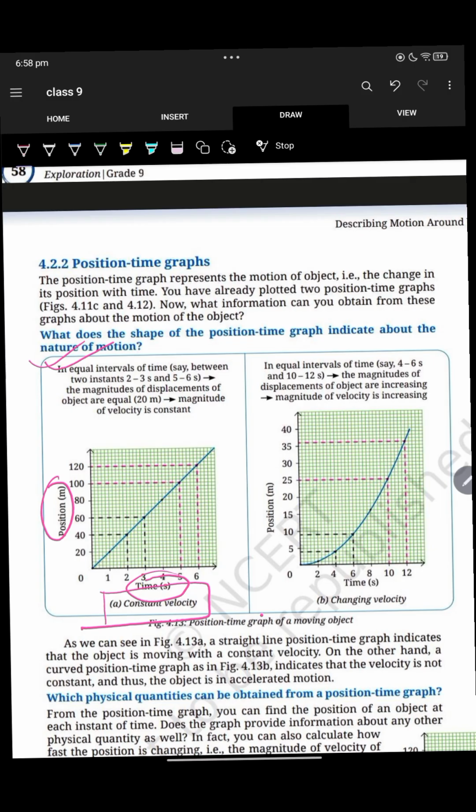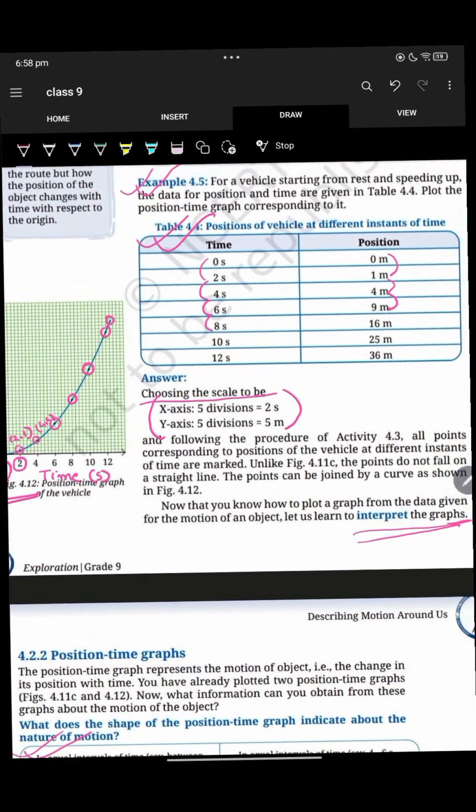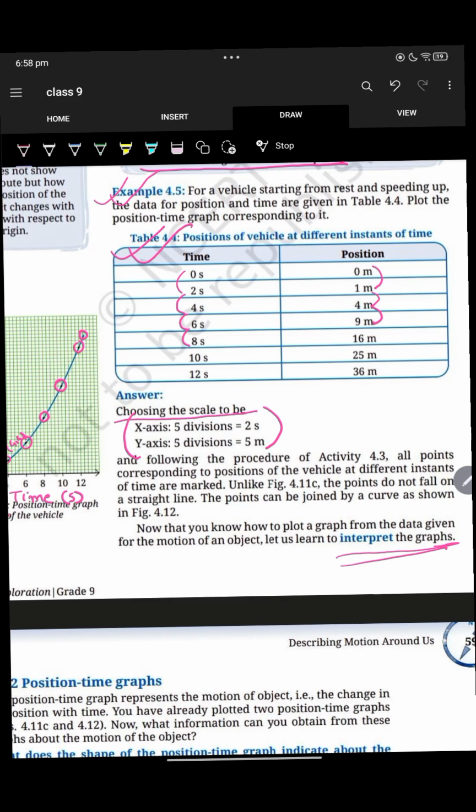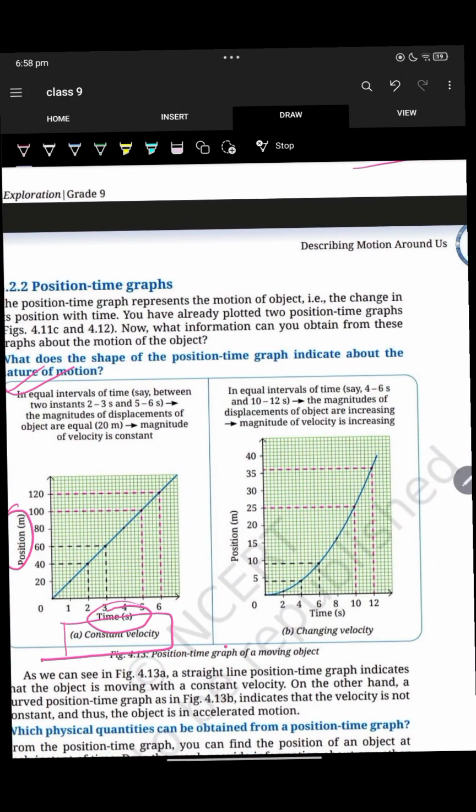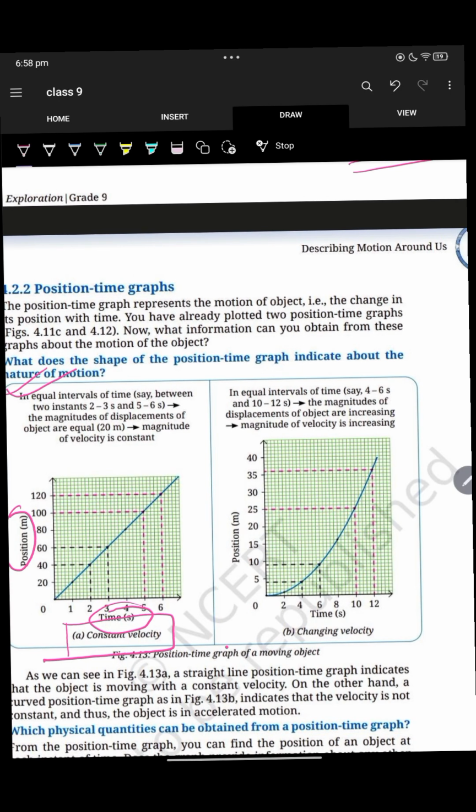See, the gapping is not uniform, right? Magnitude of the displacement is increasing. That is what we have seen. Displacement from 0 to 1, 1 meter, 1 to 4, 3 meter, 4 to 9, 5 meter, just goes on increasing. And so this is showing something which is not a constant velocity.